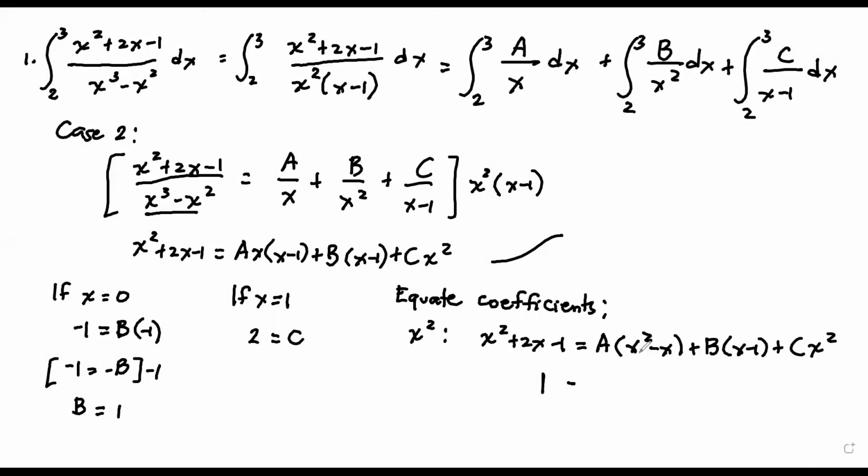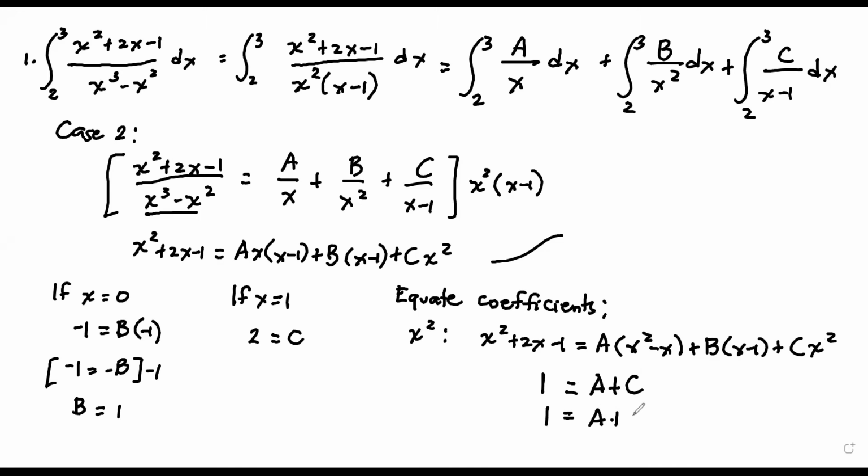So we'll have 1 equals, the coefficient of x squared here is 1 times A, we will have A. There is no x squared here. The coefficient of x squared here is also 1 times C. So we will have 1 equals A plus C. Now, we're going to find the value of A. We already have the value of C, so we'll just substitute.